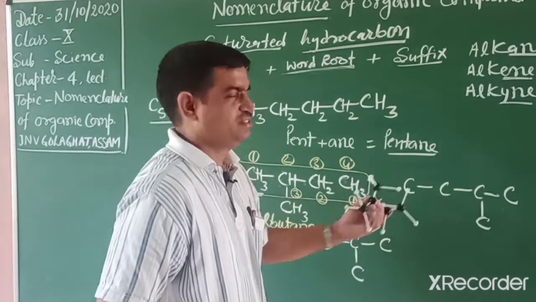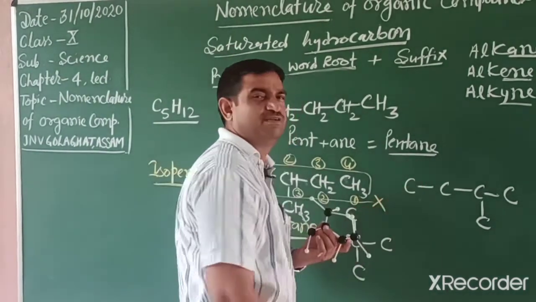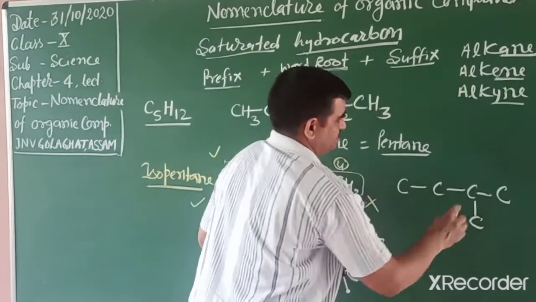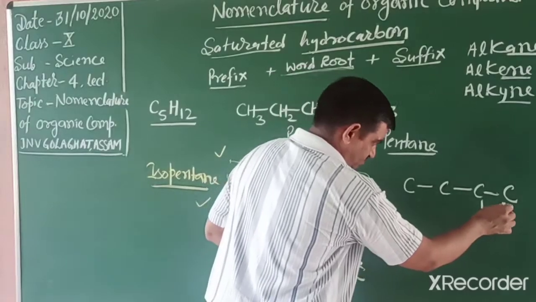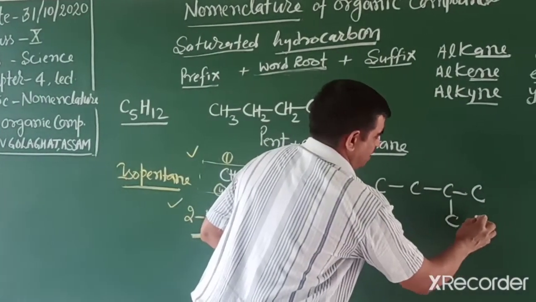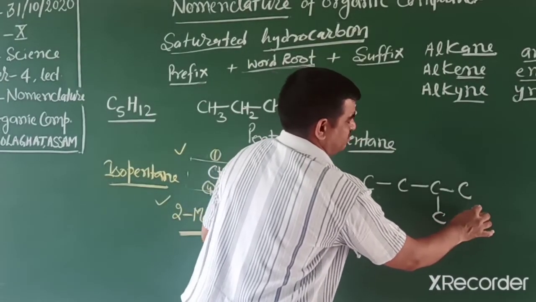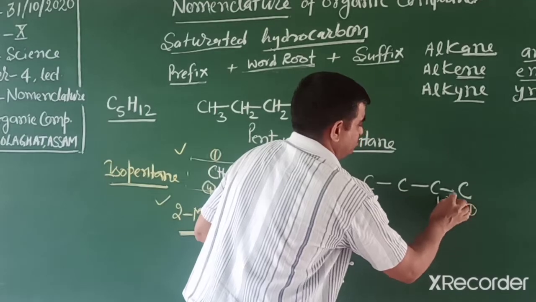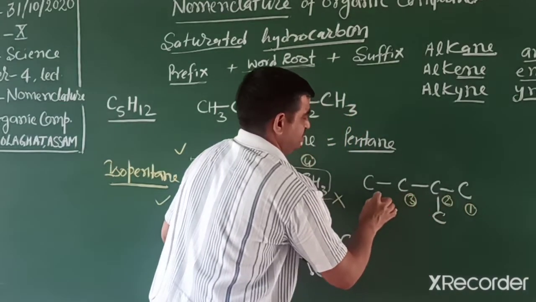Students, if we look at this carbon, you observe again which side we have to start. If we start this side only, I write the skeleton. I can start this side or this side because both are terminal points. 1, 2, 3 and 4.